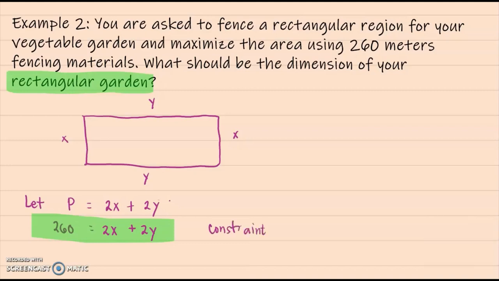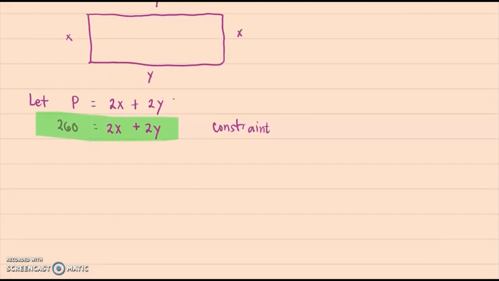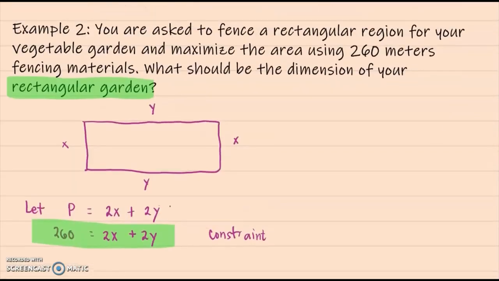Okay. Now let's have our optimization equation. In the problem, we are asked to maximize the area.